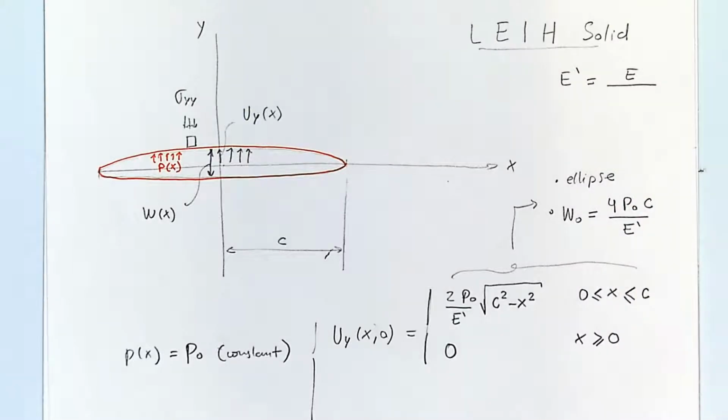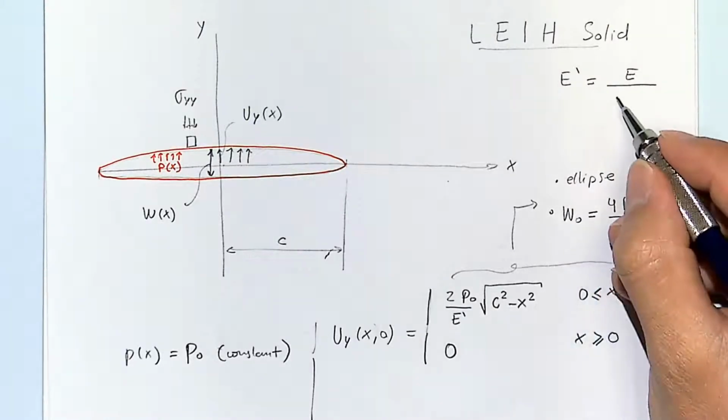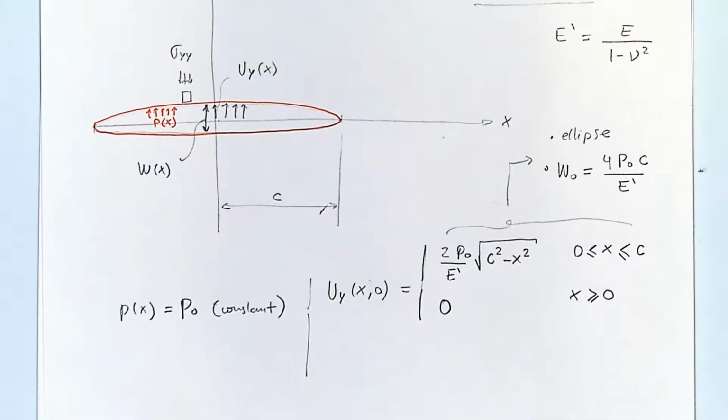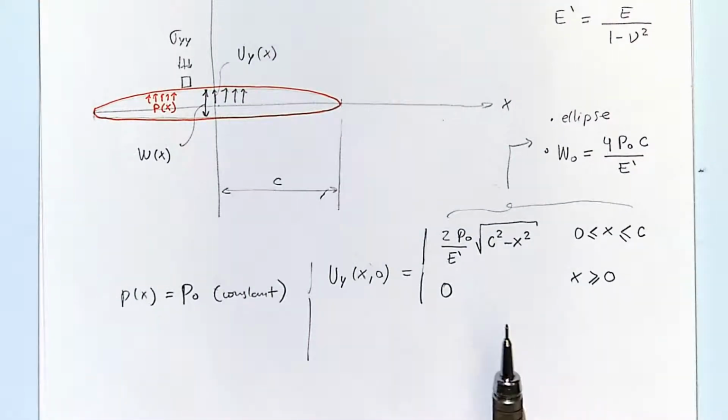It's a very important modulus. 1 minus Poisson ratio squared. Okay, so we have the solution now for this constant pressure crack, and we have the displacement.